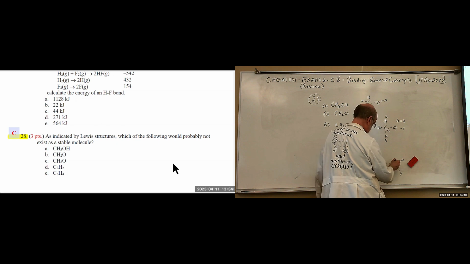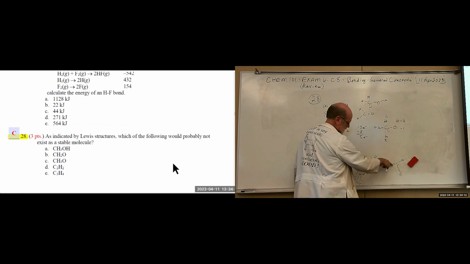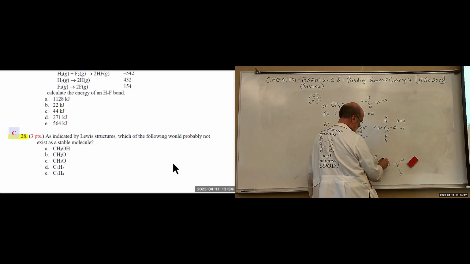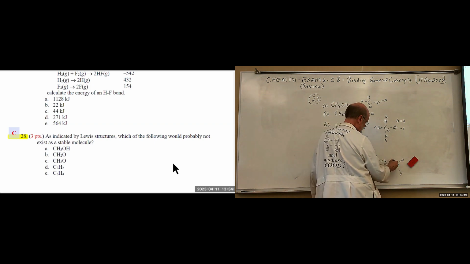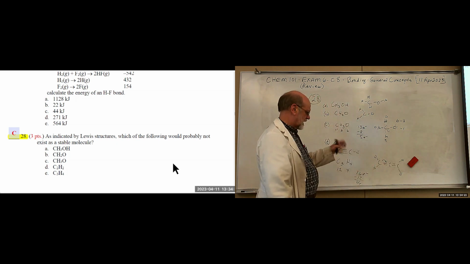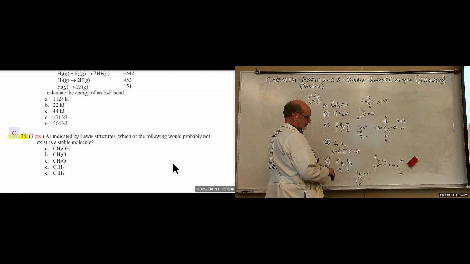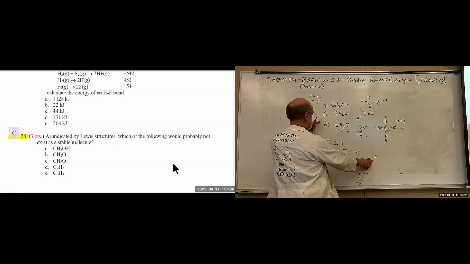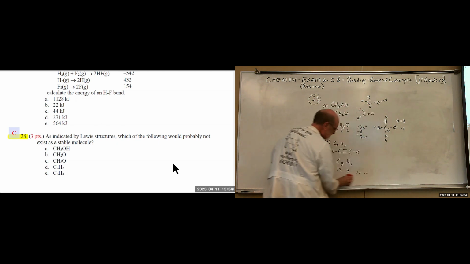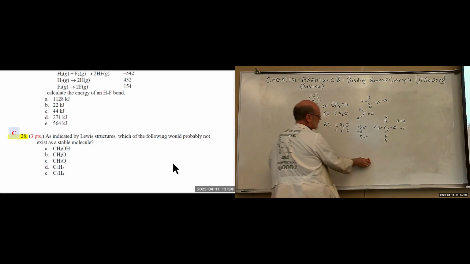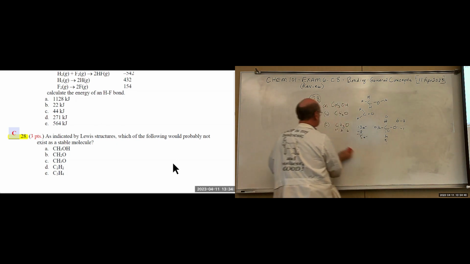But this carbon only has 2 pairs, it needs 2 more pairs. So we make this one over here a double bond, and this one over here a double bond. I can't remember the name of that one, but that is a valid structure. Okay, so C would be the best answer, simply because its formal charge is wacky.